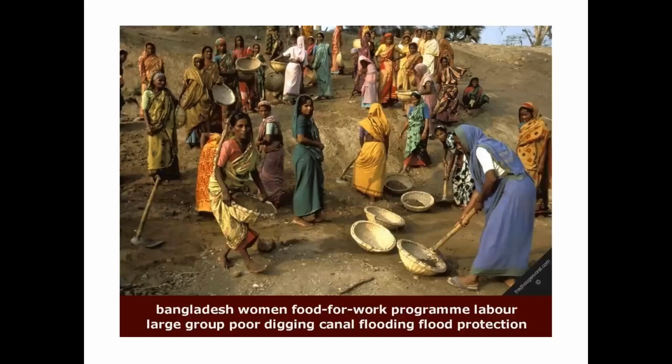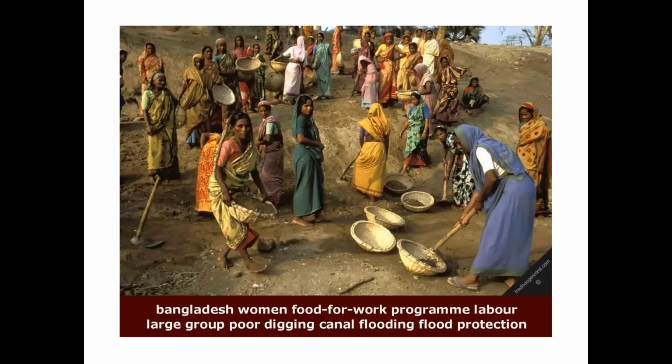Typical were the food for work programs meant to ensure a minimal level of food security for mostly rural populations that otherwise would suffer from seasonal hunger after the abolishment of food and input subsidies. These programs offered employment paid in cash or kind, for example, in the construction of roads or anti-erosion structures.